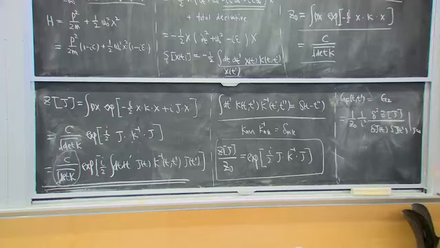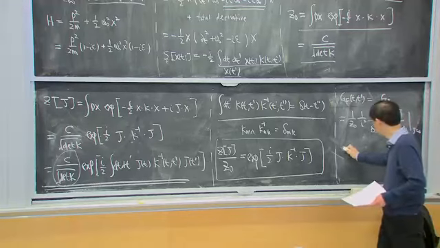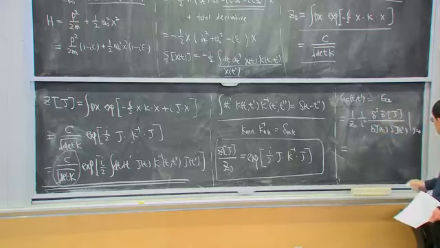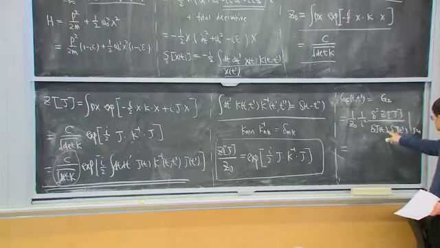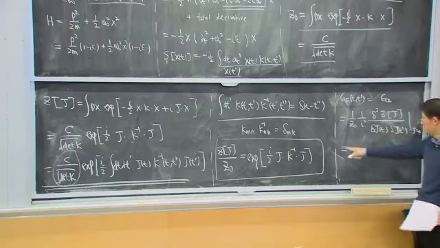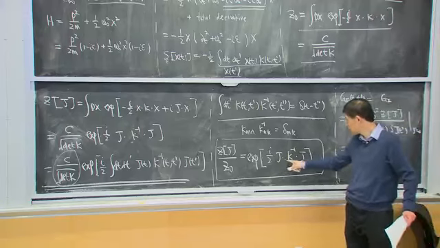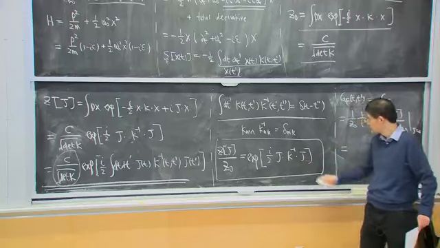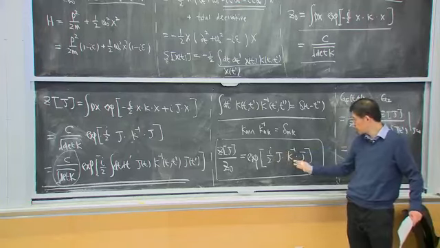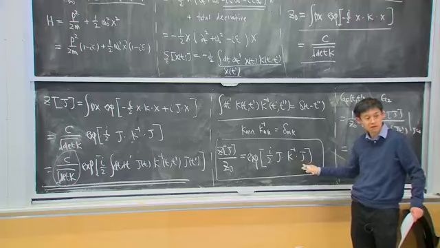Here we can just see what we get. When you take two derivatives on j, the first derivative brings down a factor of K inverse times j.